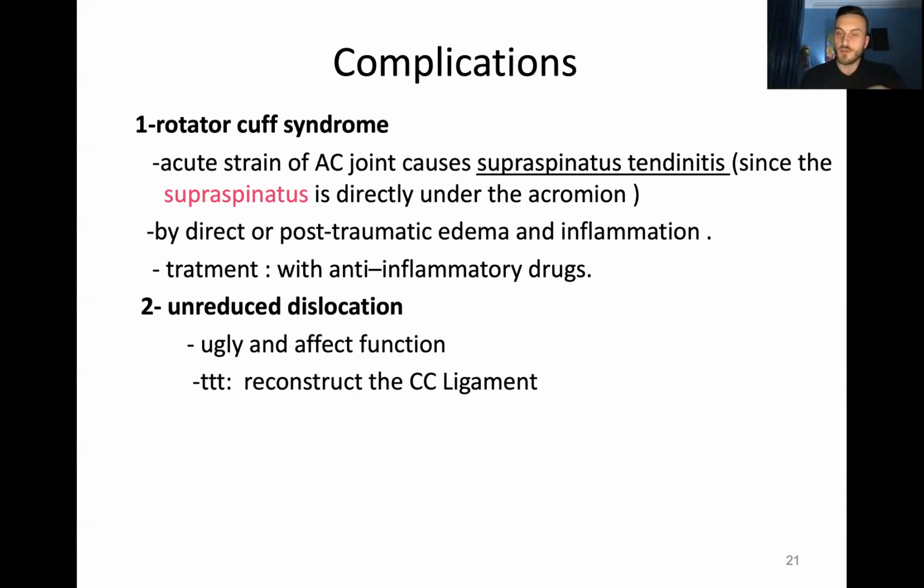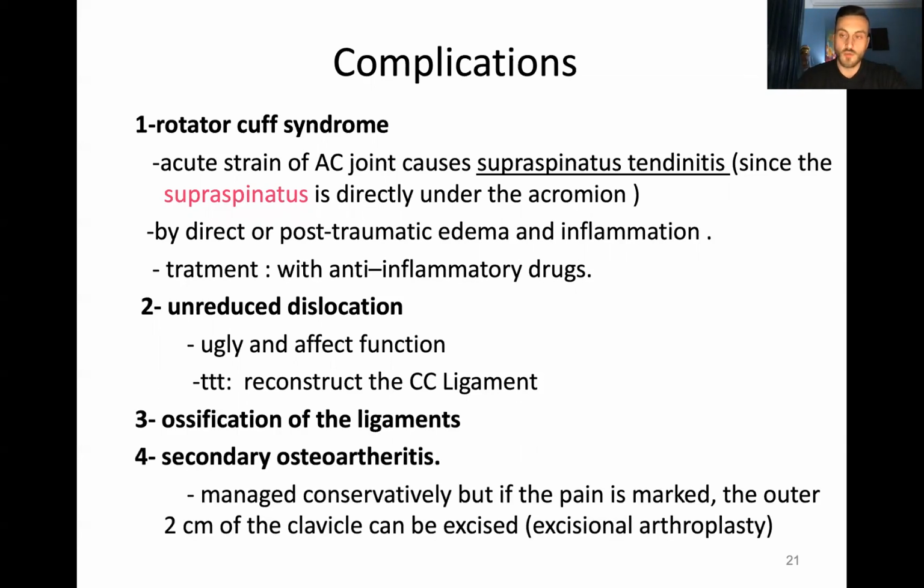So when you have a dislocation or trauma there, you might get supraspinatus tendinitis, which is pain, and you have to evaluate your patient for that. Usually we give them non-steroidal anti-inflammatory drugs. If it does not get better, sometimes we can give them an injection, and in the last stages we can go for surgery. If it's unreduced, you can fix it and do reconstruction of the ligaments.